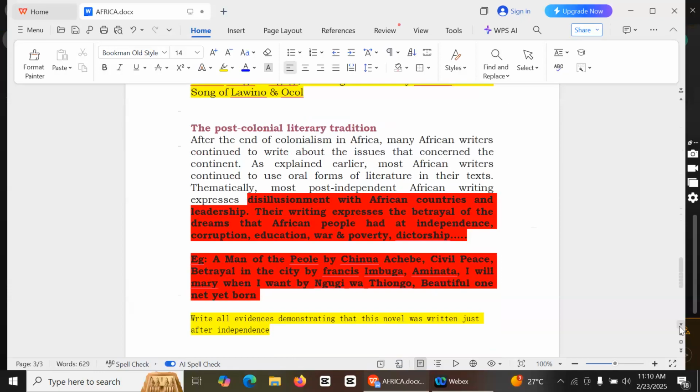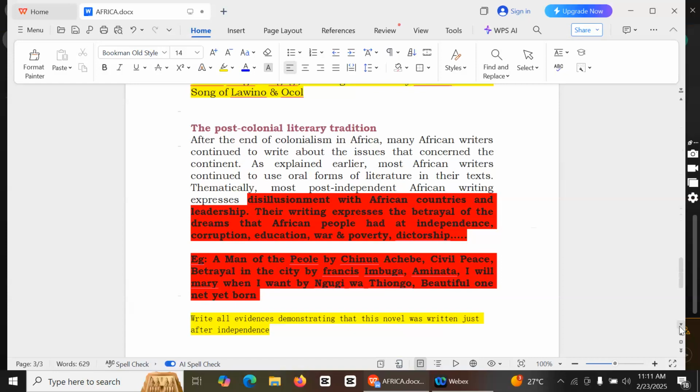Post means after, okay? And then here, they say that after the end of colonization in Africa, many writers continued to write. They didn't stop writing. And they wrote what? They wrote issues that concern the continent as usual.